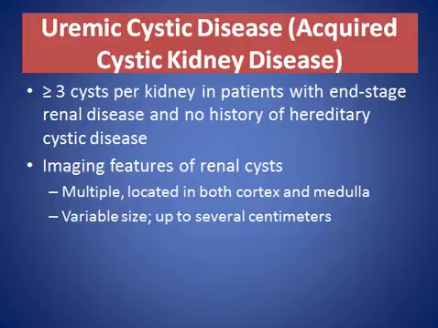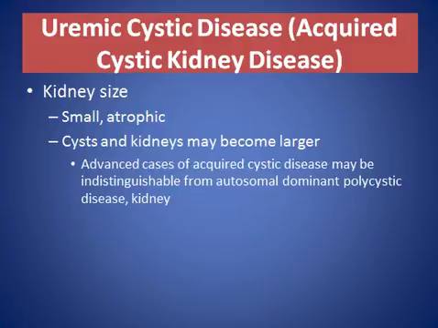Imaging features of renal cysts: there are usually multiple, located in both cortex and medulla, and variable in size up to several centimeters. Kidney size is usually small and atrophic, though kidneys may become larger. Advanced cases of acquired cystic disease may be indistinguishable from autosomal dominant polycystic disease of the kidneys.